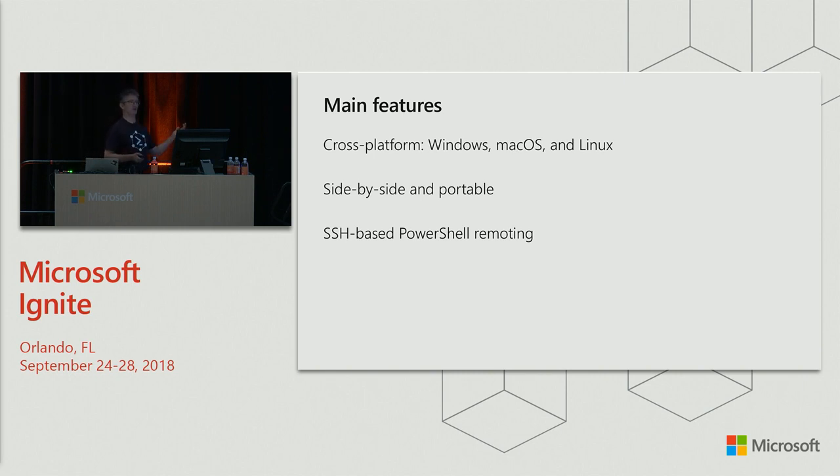And this is what we got with PowerShell Core. So now with PowerShell Core, we also have SSH-based PowerShell remoting. Later during the demo, you will see how that works and what the vision is for the remoting part of PowerShell Core and its future.